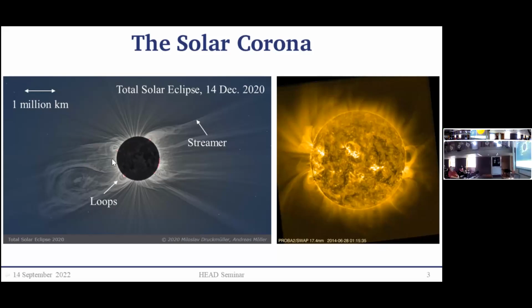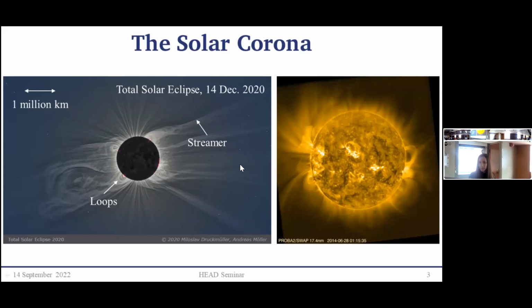In fact, the fact that you can view the corona at all in white light gives you another piece of information about it. The reason you can do that is because it's filled with free electrons that are scattering light from the underlying photosphere. And the reason these electrons are free is because the corona is really, really hot.